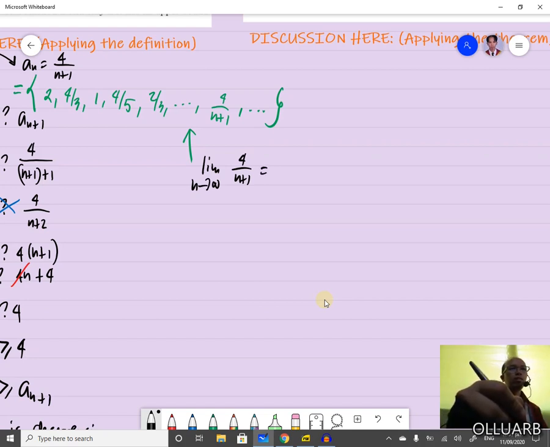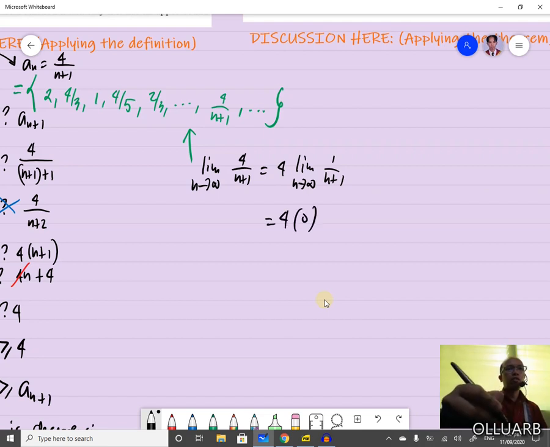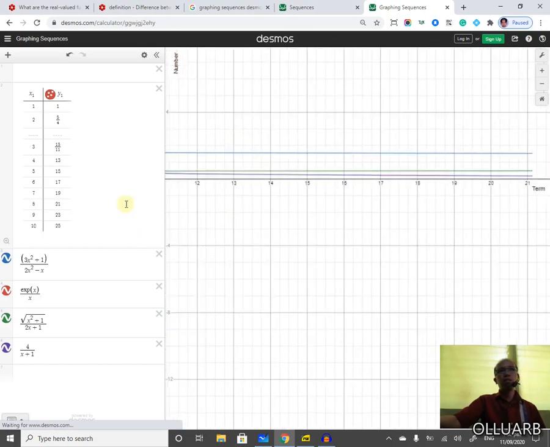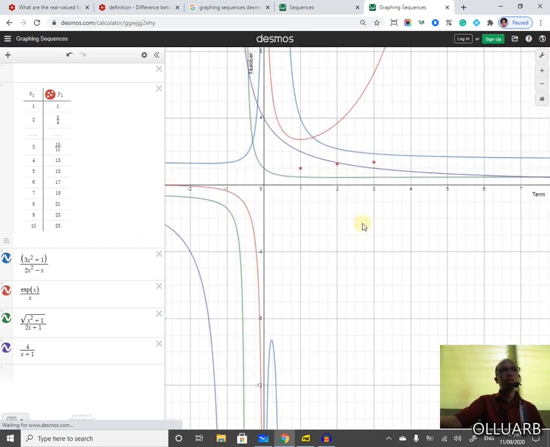So we have 4 times the limit of 1 over n plus 1. So this is 0, I guess. Okay, 0. So as you have noticed, if you look at the graph, it approaches 0 as n approaches infinity.